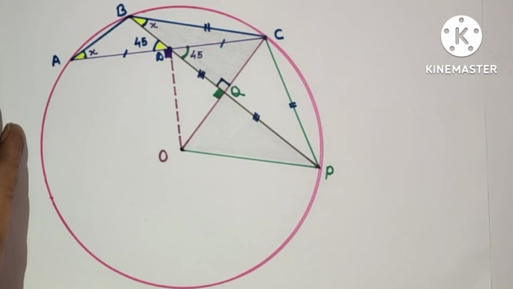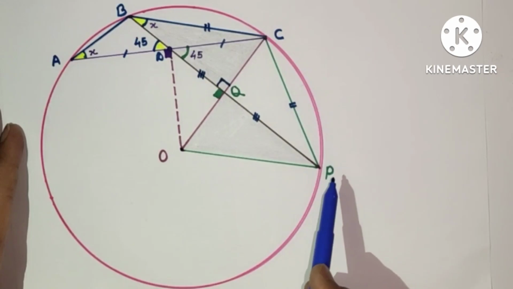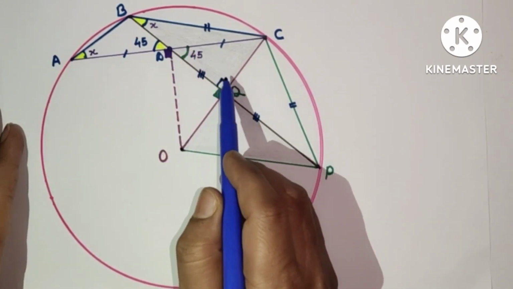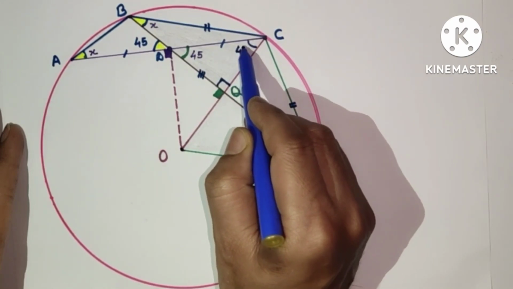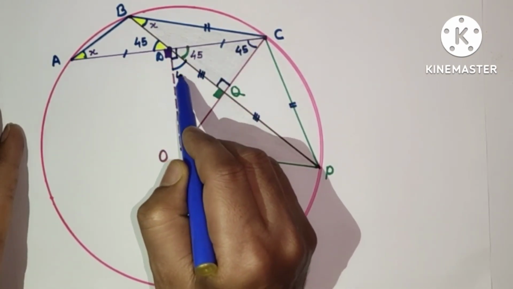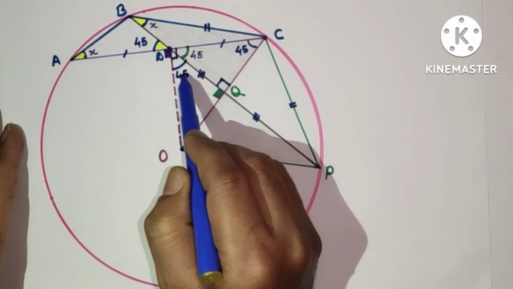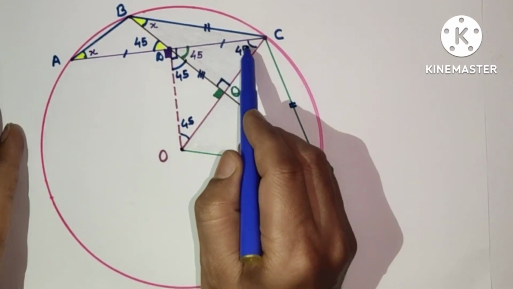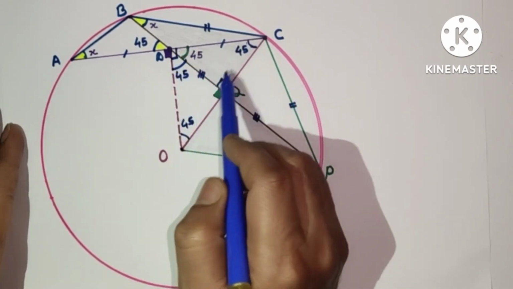Now considering these two triangles, triangle BQC and triangle PQO. But before that, this is 45, this is 90, so this will be 45. This is 45 and this is 90, so this will also be 45. This is 90, this is 45, so this will be 45. Because these two angles are equal, these two sides will be equal.